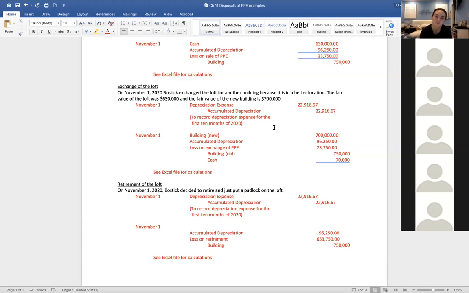Exchanges with commercial substance, this was what was talked about in chapter 10, but I said we would talk about it in chapter 11. Exchanges with commercial substance, you would recognize both a gain and a loss. So if the exchange has commercial substance, you would recognize the entire gain and the entire loss.